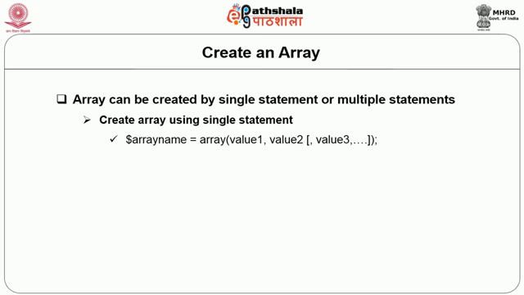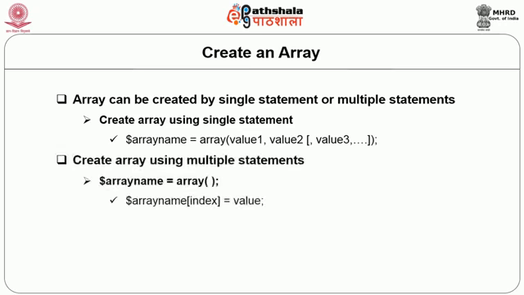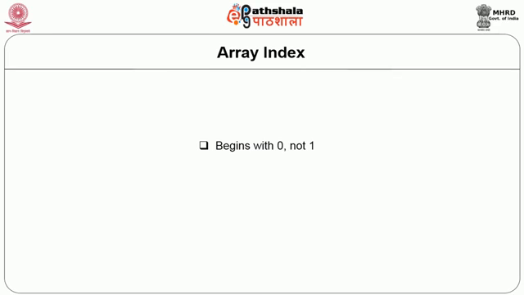You can also create an array by using multiple statements. For that you write $arrayname is assigned to array with empty parentheses, the parentheses are compulsory, and then you write $arrayname, square brackets with the index, the assignment operator and the value. The index in the array begins with 0, not 1.